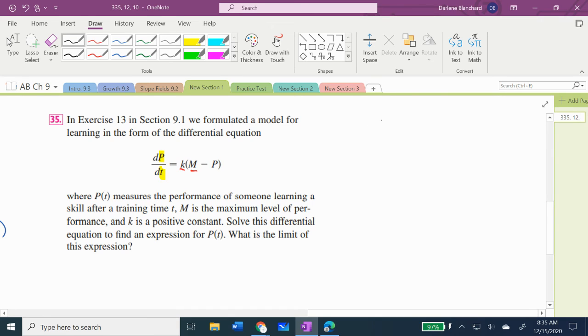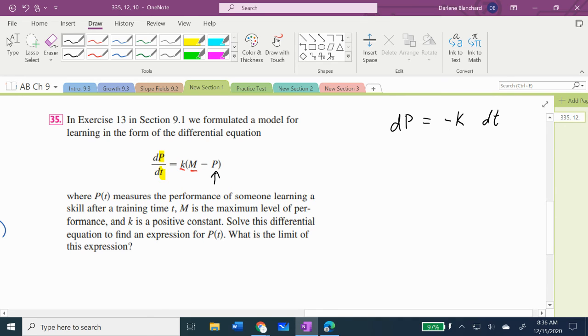As I separate the variables, I need dt to go on the right, and my life is going to be easiest if I let the k be where it's at. In fact, if I really want to make my life easier, I'll leave a negative k so that my variable p is only multiplied by a positive 1. So let me show you how to do that because it will make your life much easier.